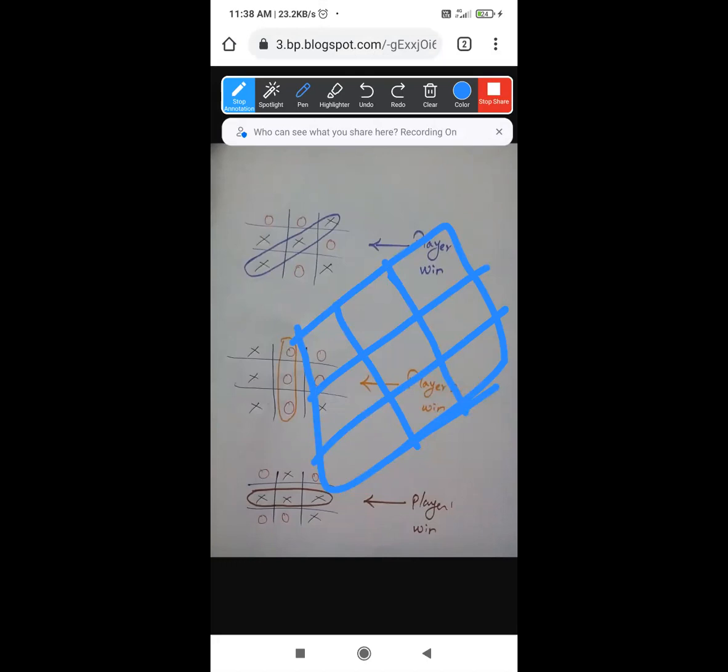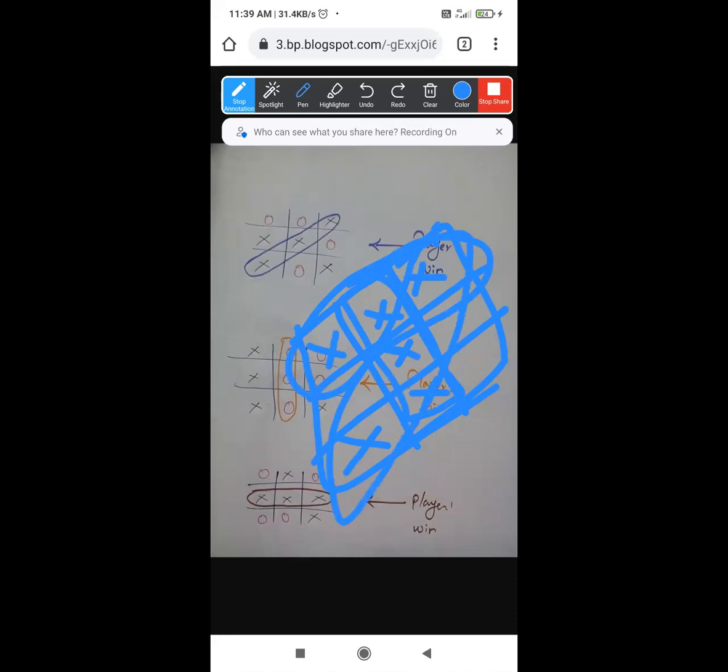For example, the position is like this, or like this, or like this. Then it's going to win.